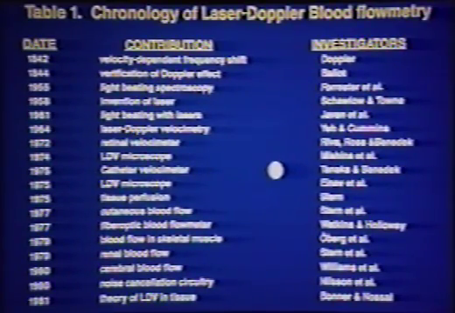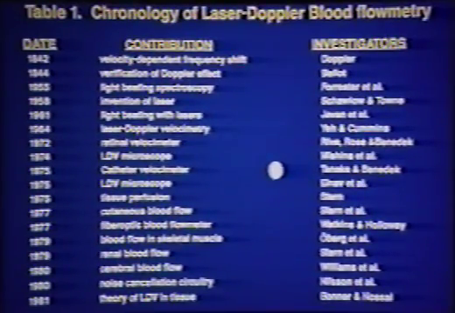And the first investigator to suggest that blood flow could be measured in perfused tissue was Mike Stern, who was working then at the National Institutes of Health. Following Stern's note in Nature and his subsequent publications on the application of this in different vascular beds, the commercial phase began, and various instruments were employed for use in different vascular beds.